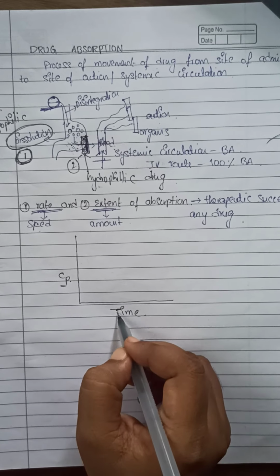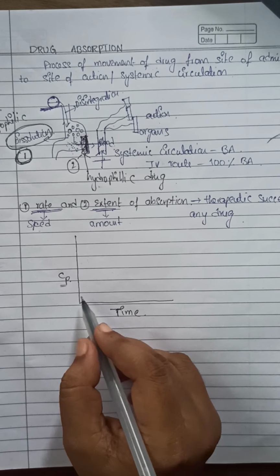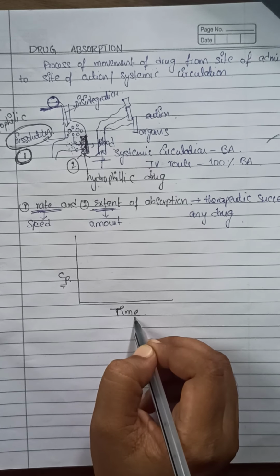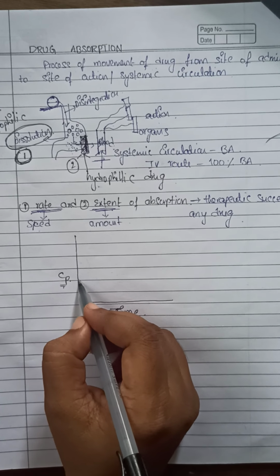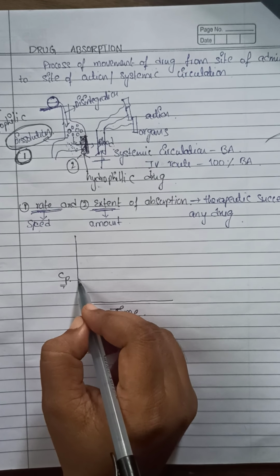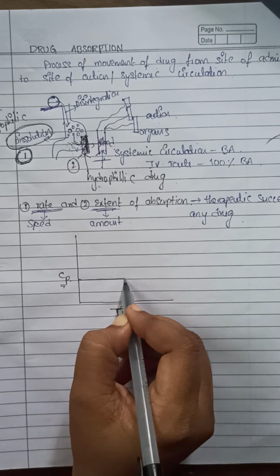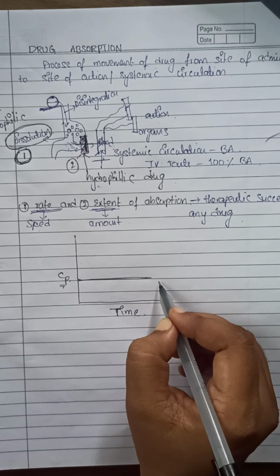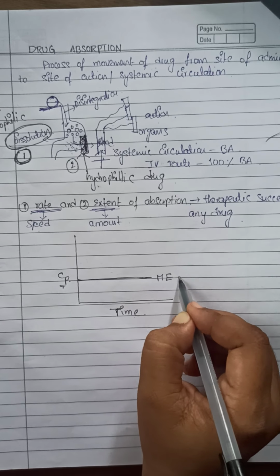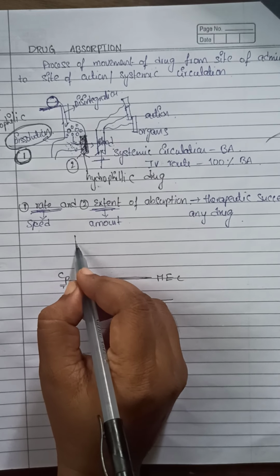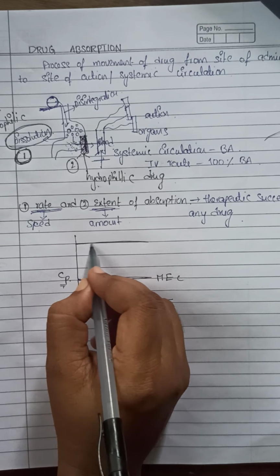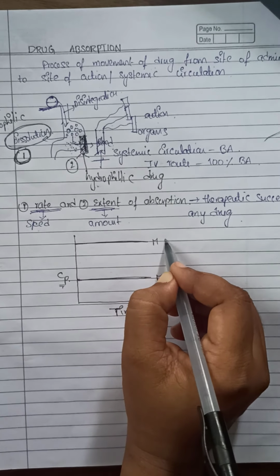This graph is known as the plasma concentration time profile. It has two boundaries. One line is known as the minimum effective concentration line. The second one is the maximum safety concentration line.